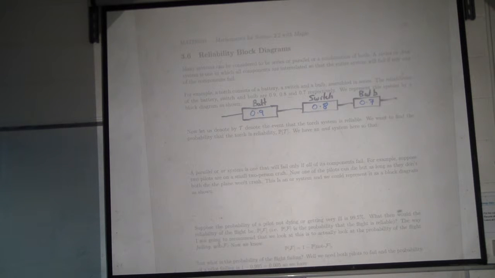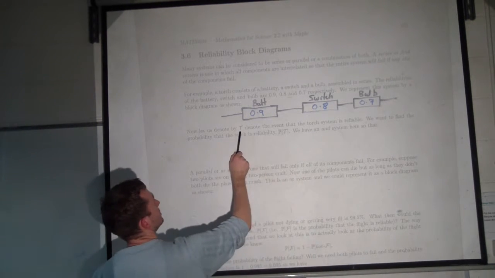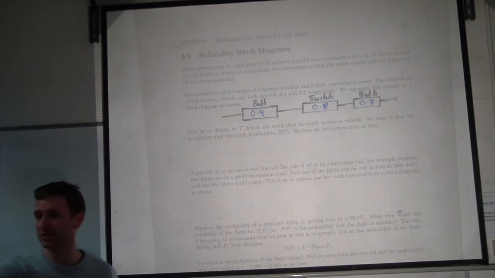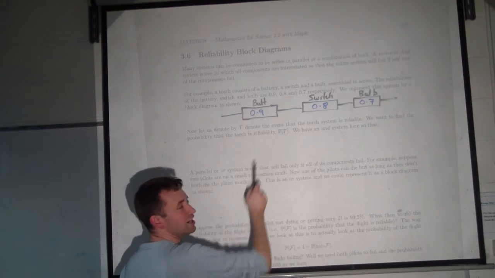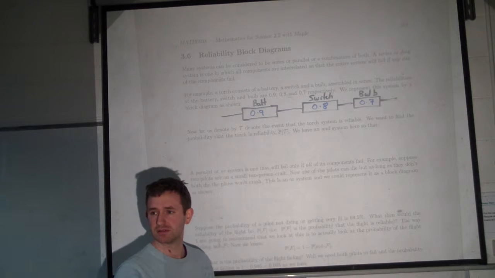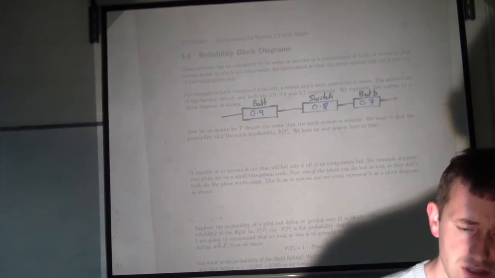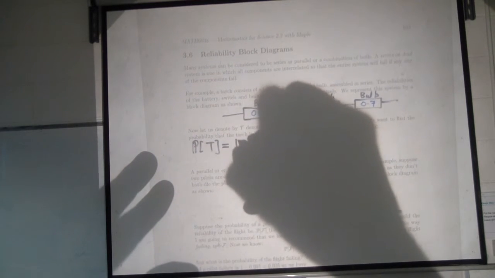Now, what we're interested in is the product. Let T be the event that the torch system is reliable, let's say for argument's sake for 24 hours. What is the probability of the torch working for 24 hours? For the torch to be reliable for 24 hours, you will need the battery working for 24 hours, and the switch working for 24 hours, and the bulb working for 24 hours.